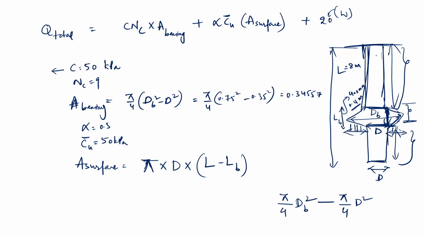So D is this much, you are taking only D. So what is pi D L? My L is 8, LB is 0.4, right? D is 0.35. So this is equal to 8.356636 meter square.